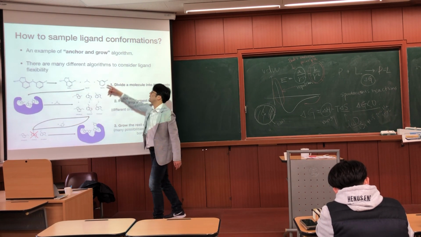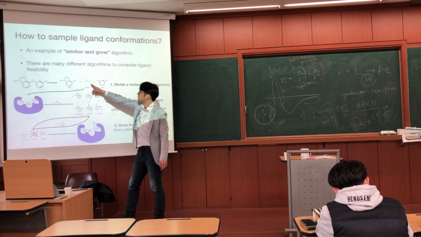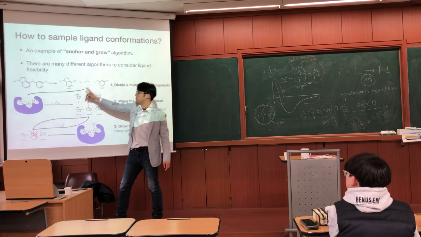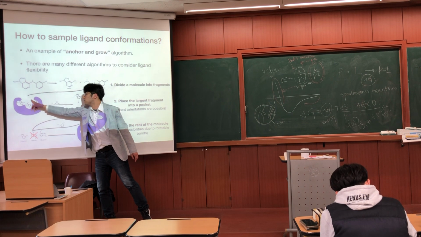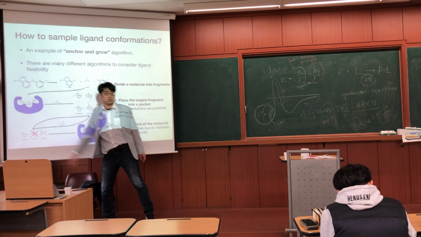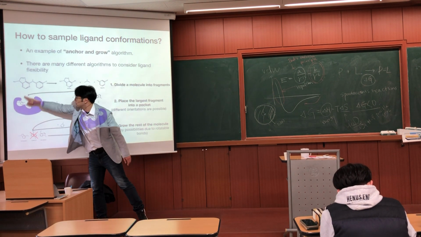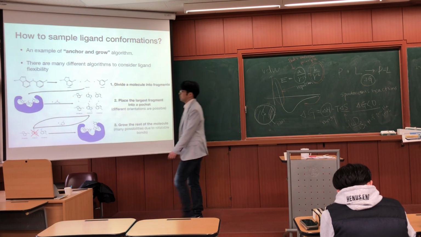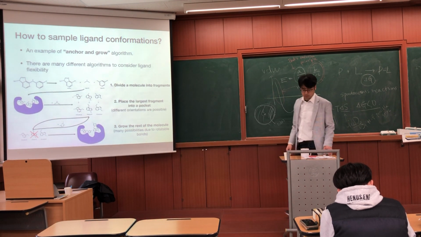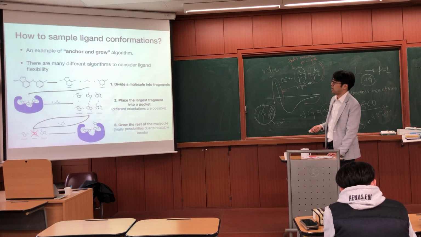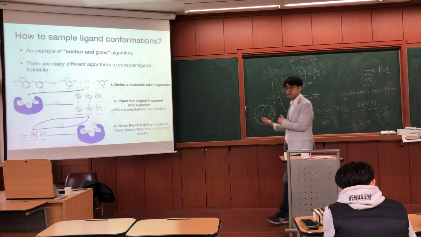Anchor and grow means that you attach small fragments based on that. Starting from here, you can attach the rest of the molecule, or you can attach the rest of the molecule in another way. This is one example of how to generate different structures.